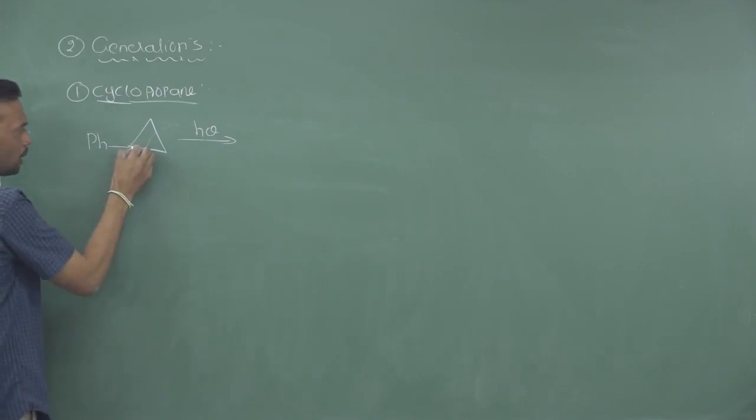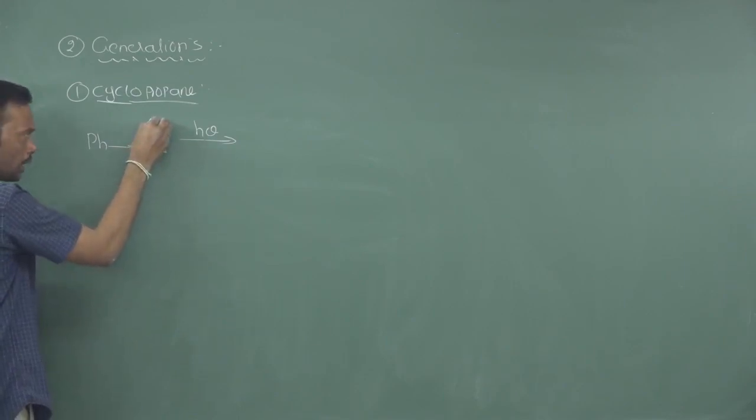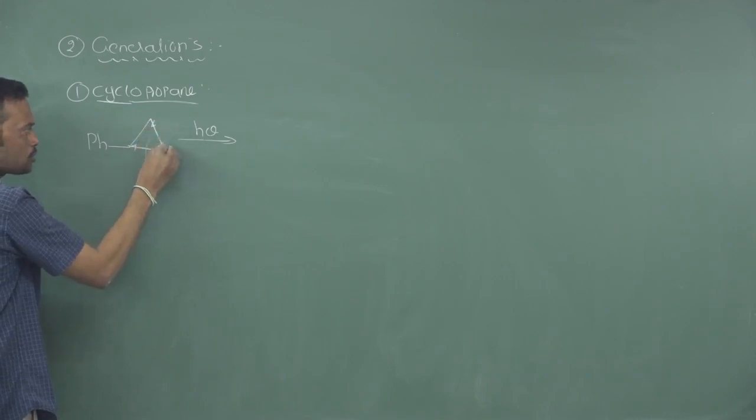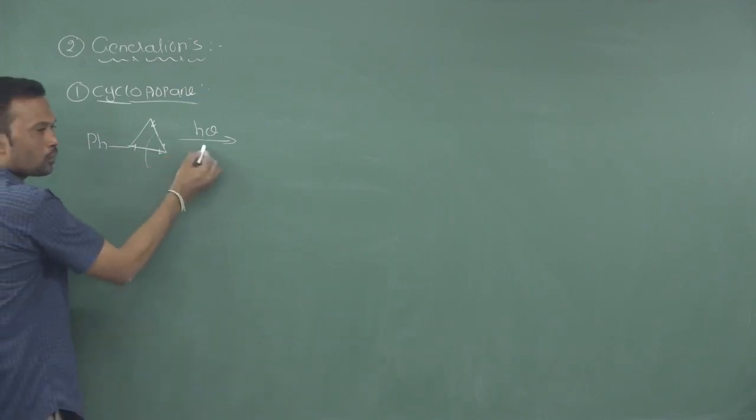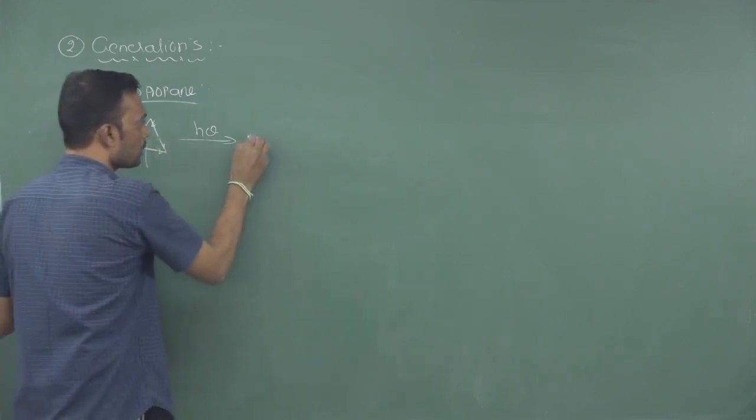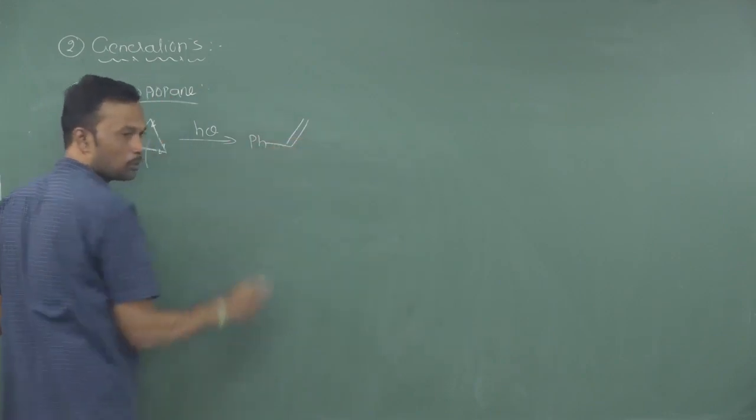Now see, here I am writing clockwise. What kind of bond is present over here? A sigma bond between these two. Here it is clockwise and here it is anti-clockwise. Cyclopropane on photolysis: these two radicals combine together and form a double bond.